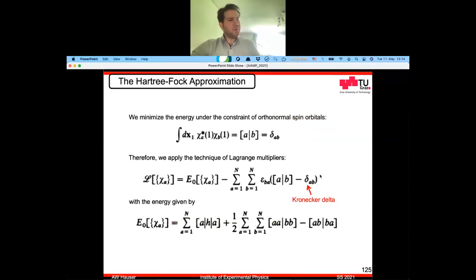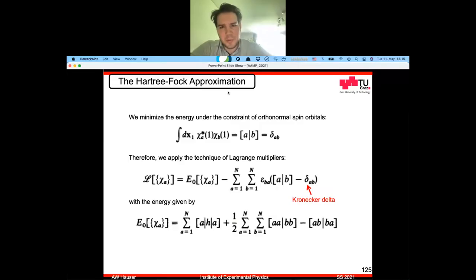Let me move now on to the actual process of the Hartree-Fock method. And as you said already, which was nice and correct, if we do an optimization with a constraint, we can do it with Lagrange multipliers. And so what we have as our constraint is we would like to have the molecular orbitals at all times fulfill the constraint that the product of A and B, when integrated over the electron coordinate, is giving us delta AB, meaning that it should remain an orthonormal set of orbitals in all our steps.